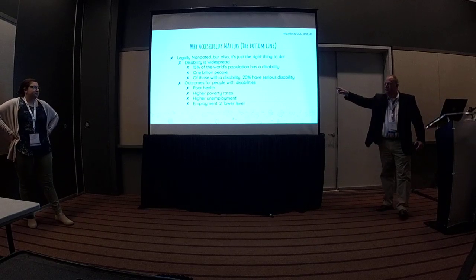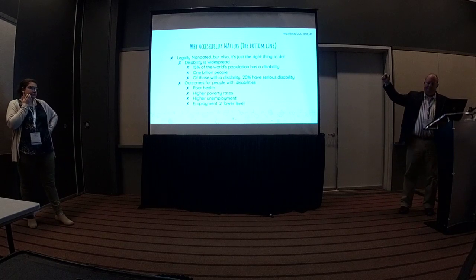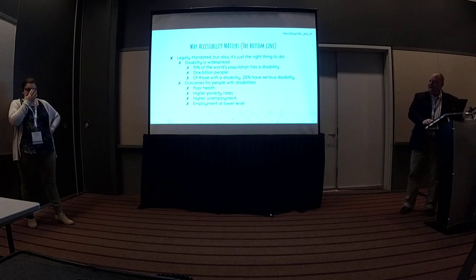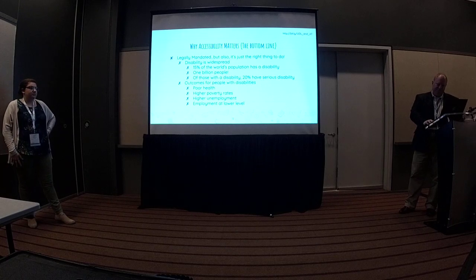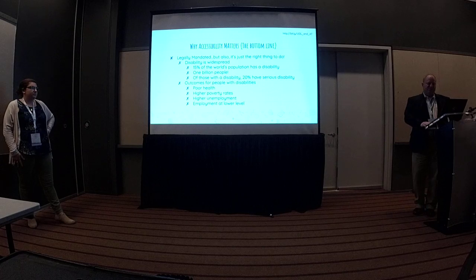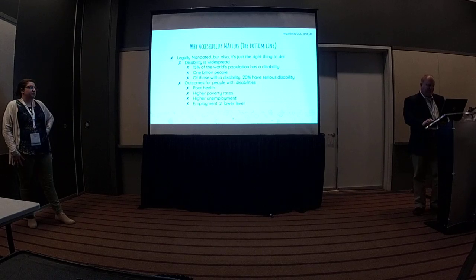The outcomes for people with disabilities demonstrate poorer health outcomes, higher poverty rates, higher unemployment, and employment at a lower level when they can find employment. So improving the accessibility to this education is very important, and it's why this matters so much.